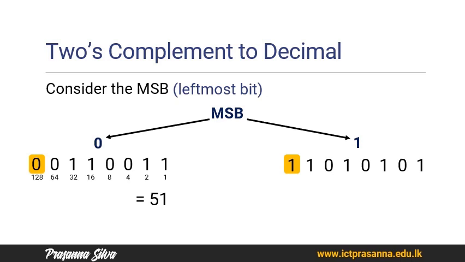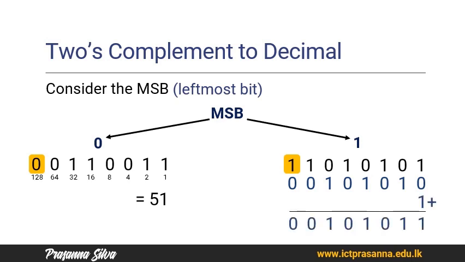So what we do is simply invert it and add a 1 to it, and by adding a 1 you get this value, and now you can actually take the place values to convert that into decimal, which gives us a negative answer, 43.